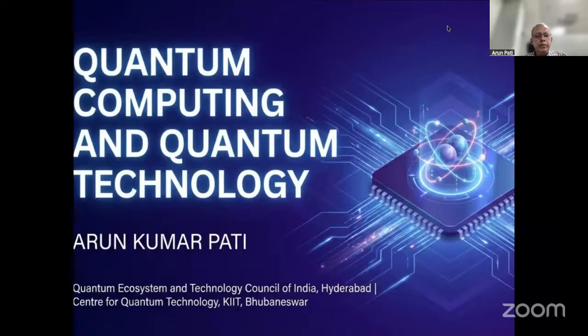And all of you may know that not only academicians are interested in this field, but also government has invested a huge amount of money in this under National Quantum Mission, and private companies are also investing hugely, starting from Google, IBM, and hundreds of startups, or maybe more than several hundreds also.